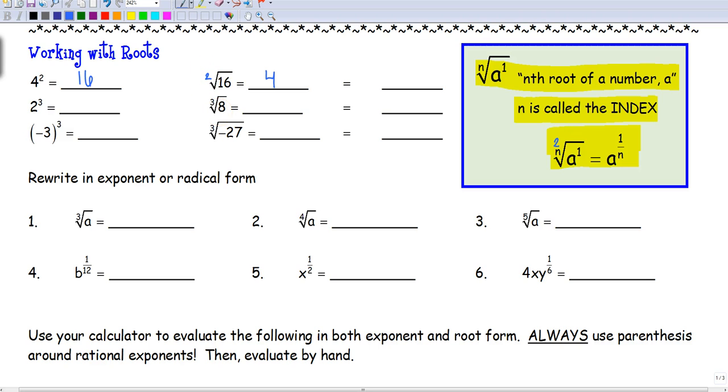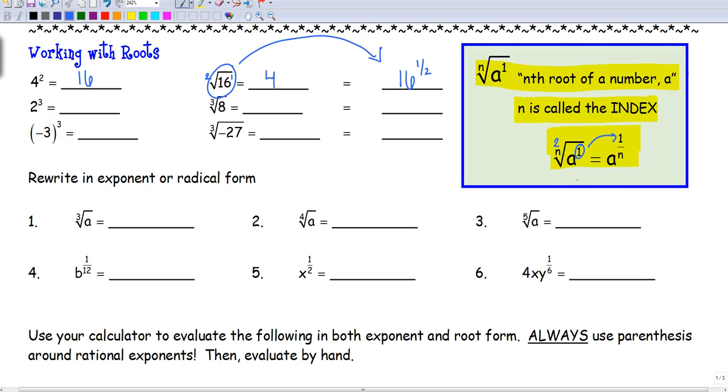But what this is really saying is that we have 16 to the 1/2 power. Square root of 16 is the exact same thing as 16 to the 1/2 power. So notice the exponent inside, in this case just a 1, becomes your numerator, and the index of your root becomes your denominator.